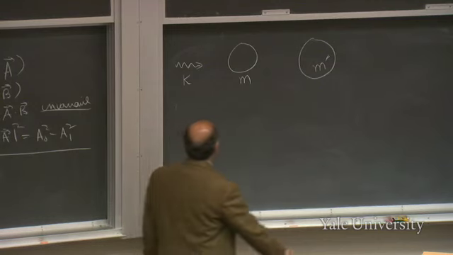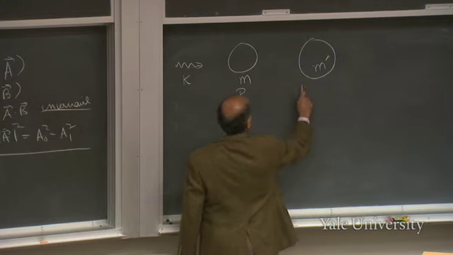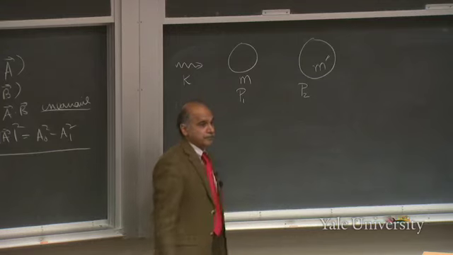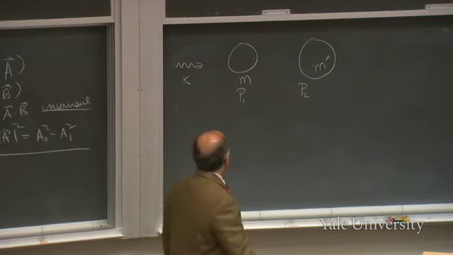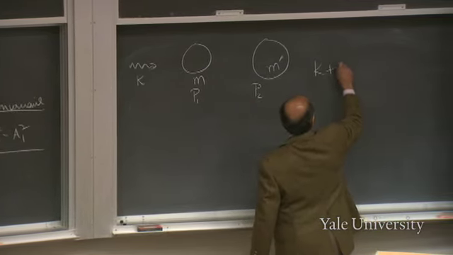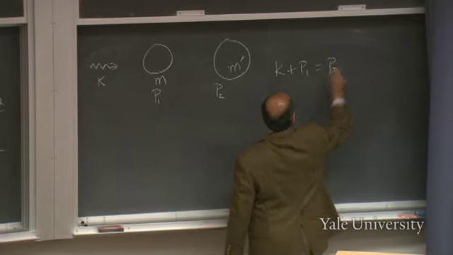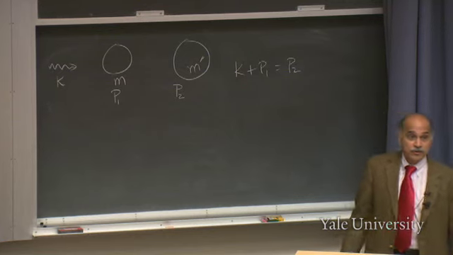So the equation we will use is, I will call my momentum p, and I will call p1 the initial one and p2 the final one. Let's write down all the equations we can. The only equation in town is k plus p1 equals p2. K is now, everybody is a 4 vector, so don't be fooled.